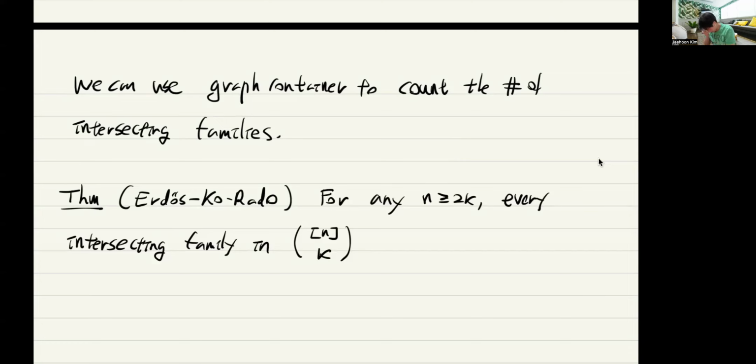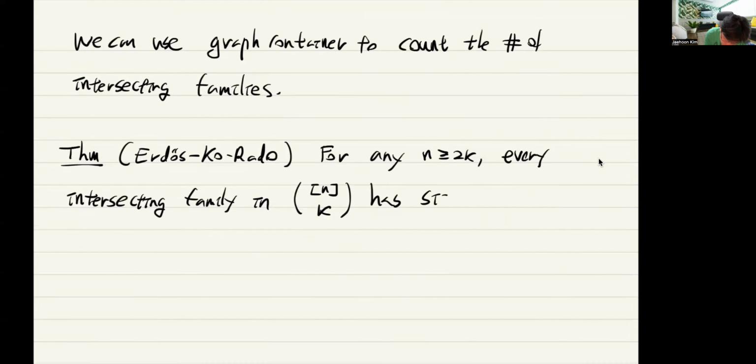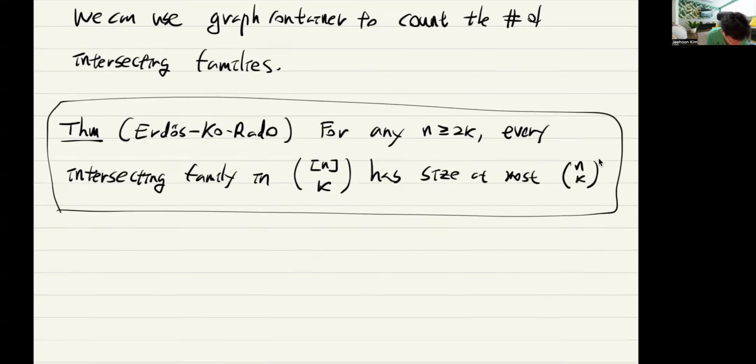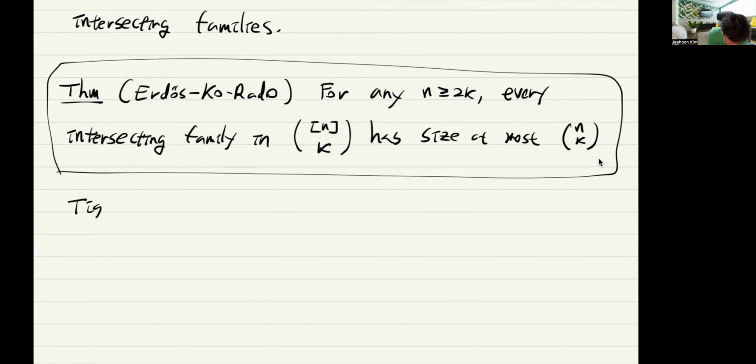In a k-uniform hypergraph, intersecting means that every two sets have a common element, has size at most n−1 choose k−1. So this theorem is known, and this is tight by the example of a star.